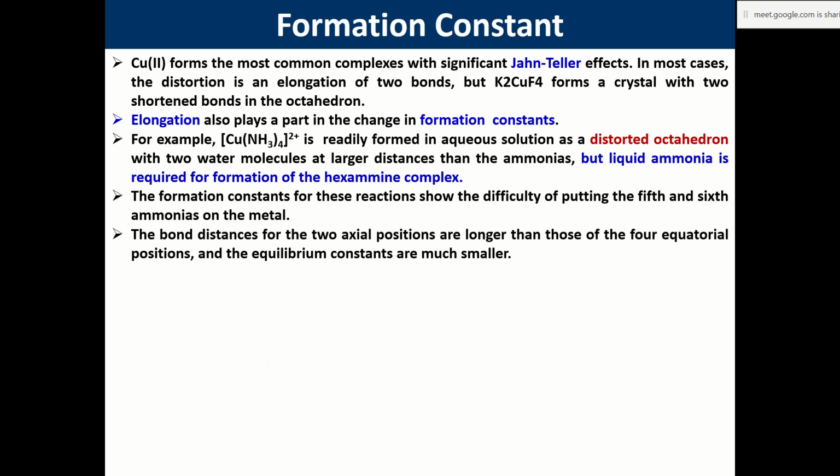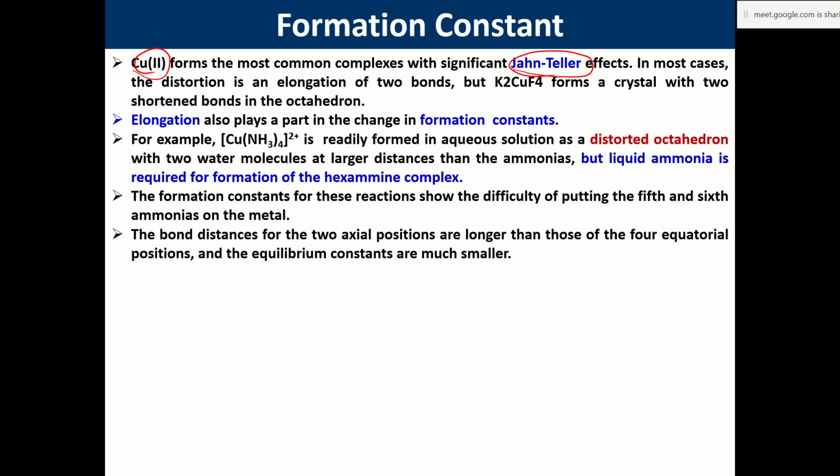An unusual trend in the formation constant can also be observed in copper complexes, where the Jahn-Teller effect is observed. So remember what that was. We have found that in the case of copper, the two bonds along the z-axis are elongated. They are longer.